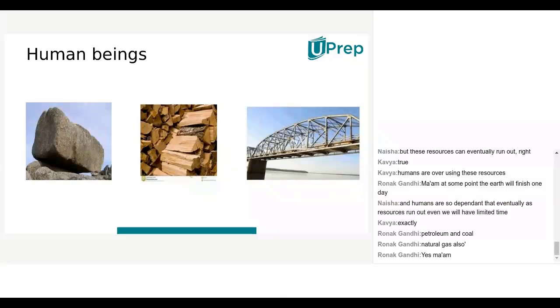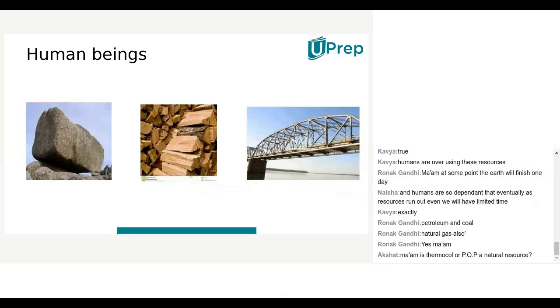By using all these things, we can simply say that man is overusing the natural resources. So at some point, there is no regaining or replacing these natural resources within a reasonable period of time.